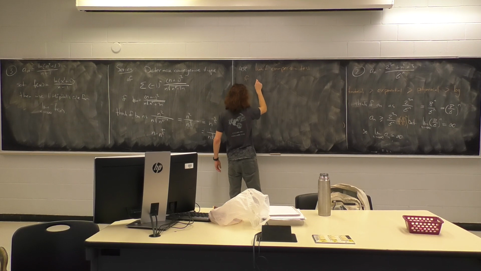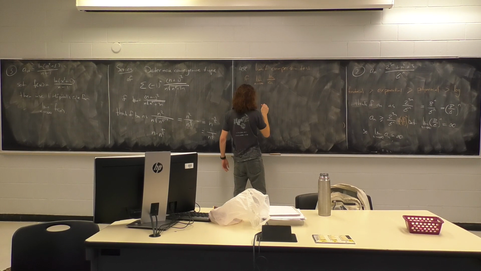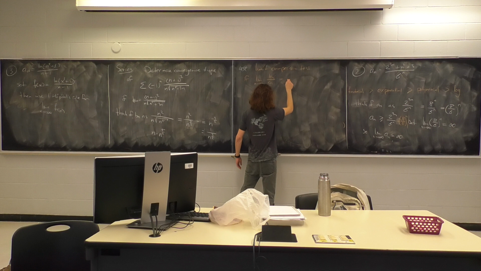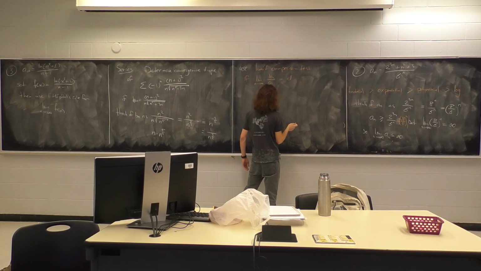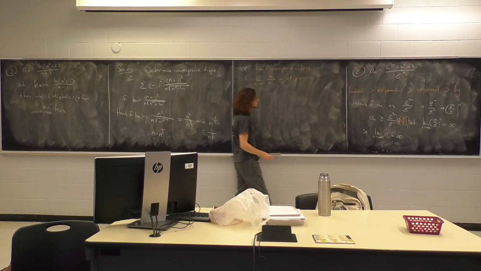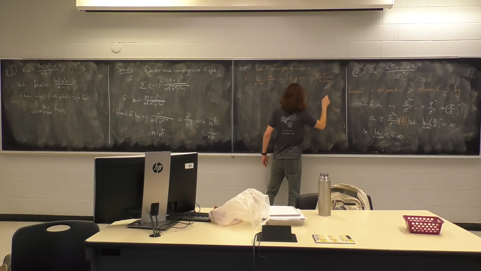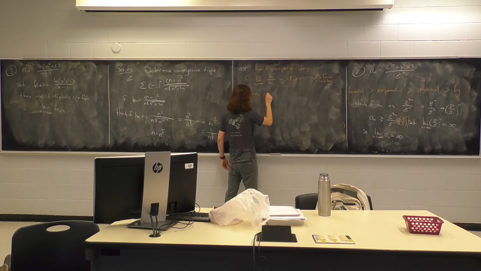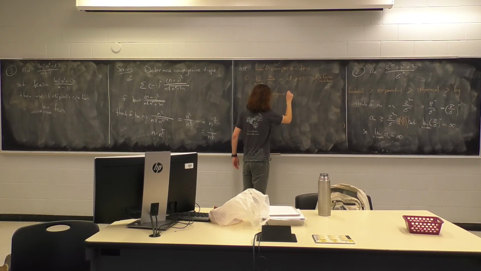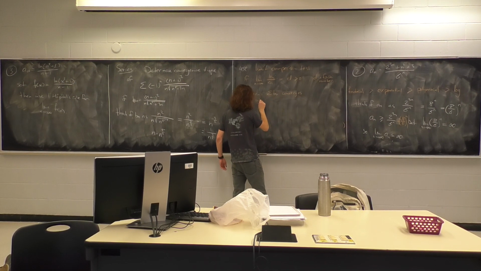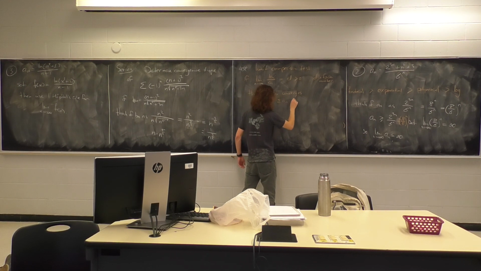If you have two sequences, let me write Bn and Cn, and the limit of Bn over Cn is equal to some number, let me write C, bigger than 0, so a finite number but not equal to 0, then the sum of Bn converges whenever the sum of Cn does.